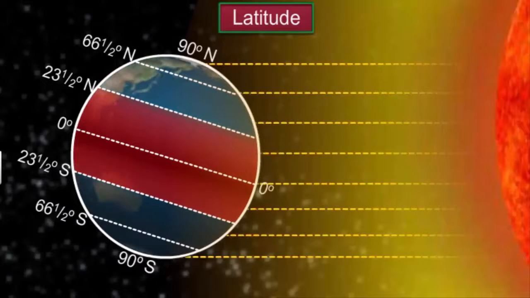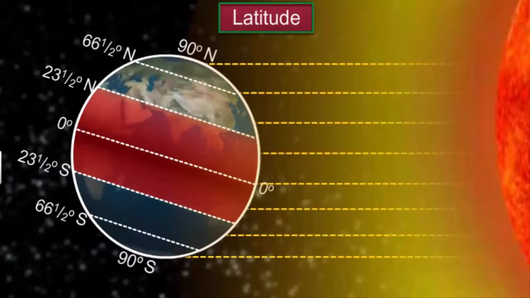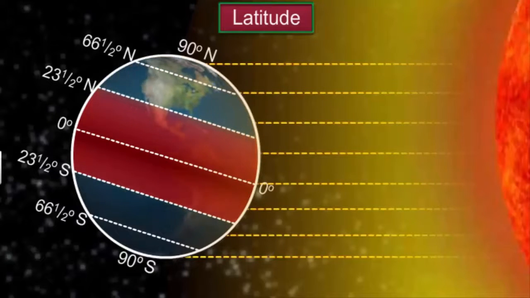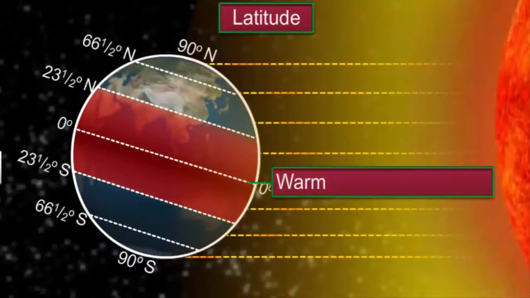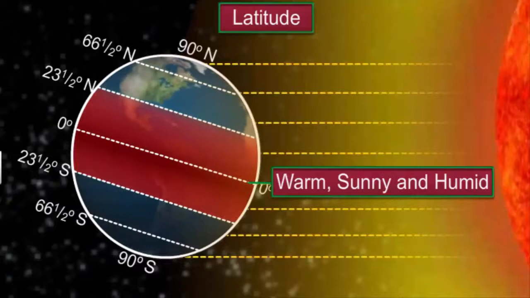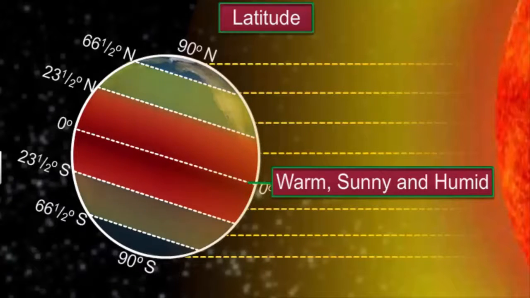Thus, places closer to the equator receive more intense heat and light. The climate of these places is generally warm, sunny, and humid. On the other hand, places closer to the poles receive less direct rays.